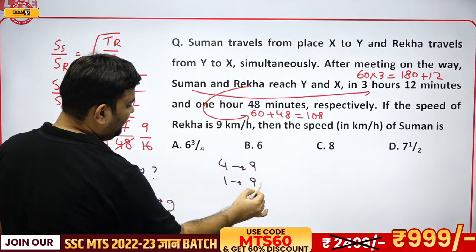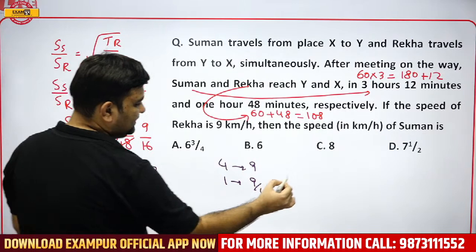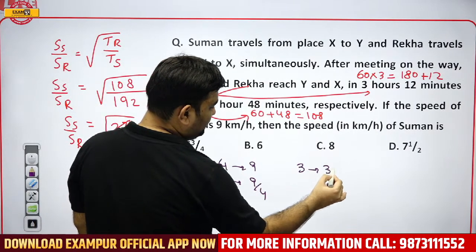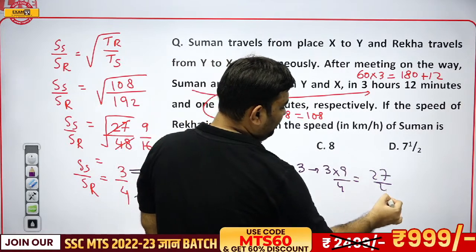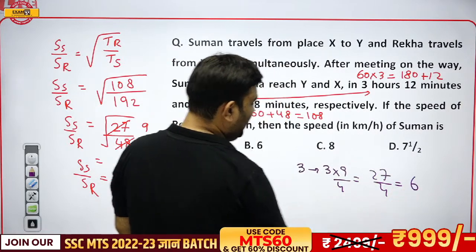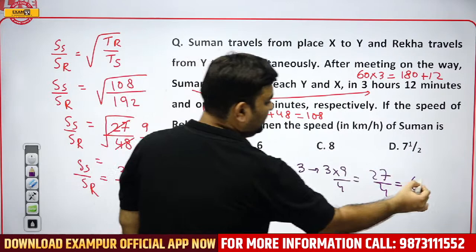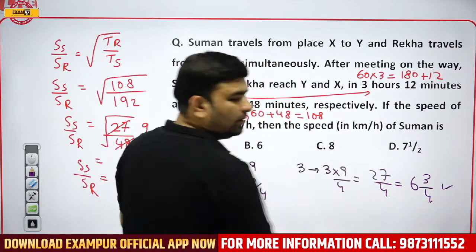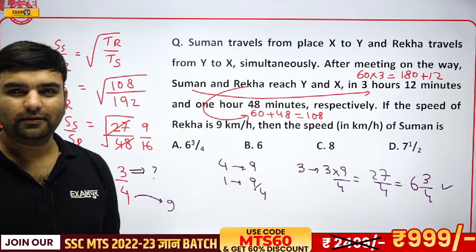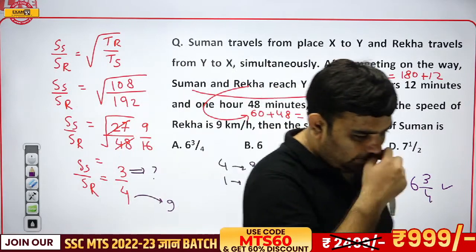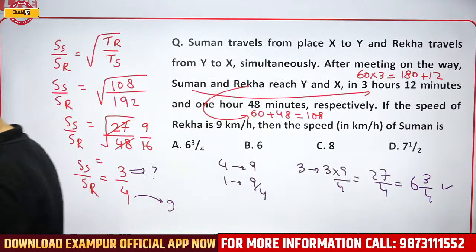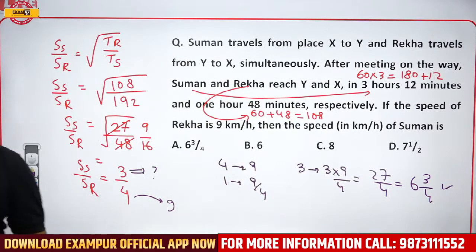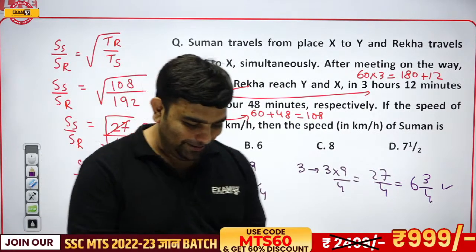So 1 is equal to 9 by 4. So 3 is equal to 3 into 9 by 4, which is 27 by 4. Clear, guys?